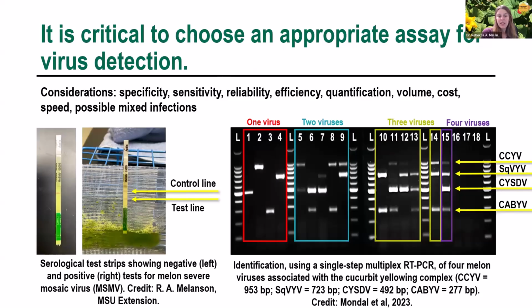Those considerations take into account specificity, sensitivity, reliability, efficiency, quantification, volume, cost, speed, and the potential for mixed infections. And there are some assays that can detect up to 4 different viruses. So depending on the purpose of what you are looking for, you need to be sure that you are using a lab that is using an appropriate diagnostic method.